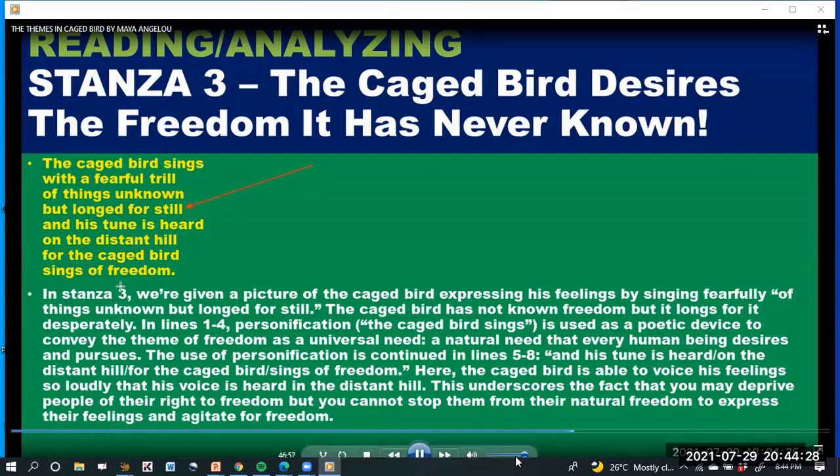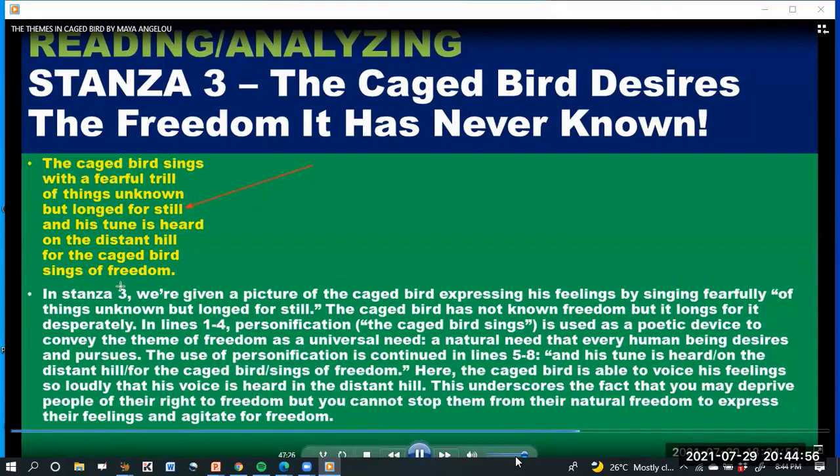And that is exactly, for instance, the psalm that talked about, by the rivers of Babylon, where we sat down, is talking about the use of music to express the agony of the soul, to express the feelings by an agitated soul. And that is exactly what the cage bird does here.